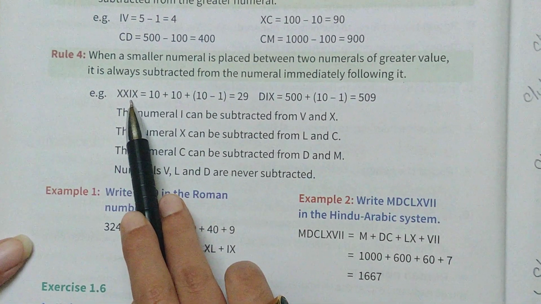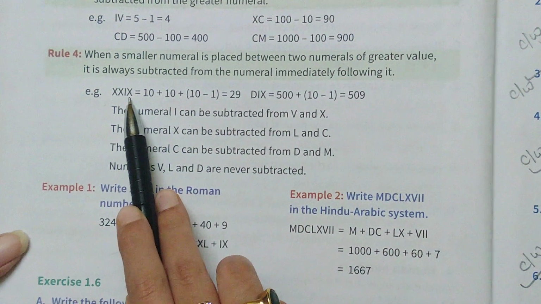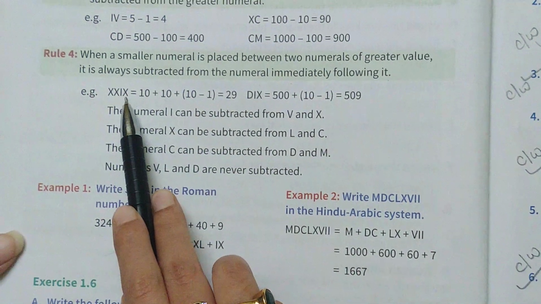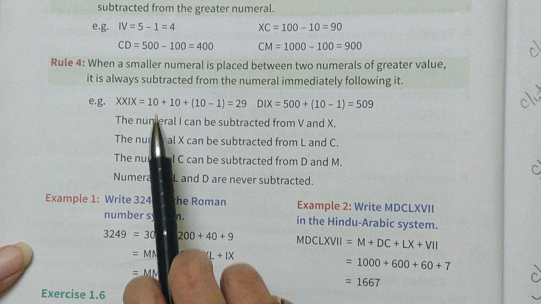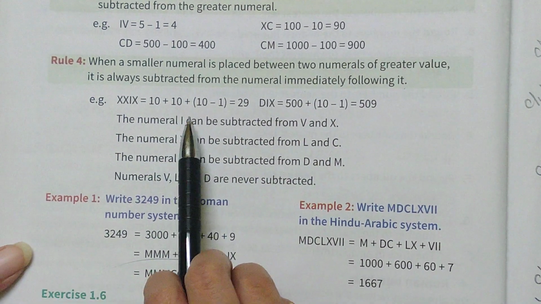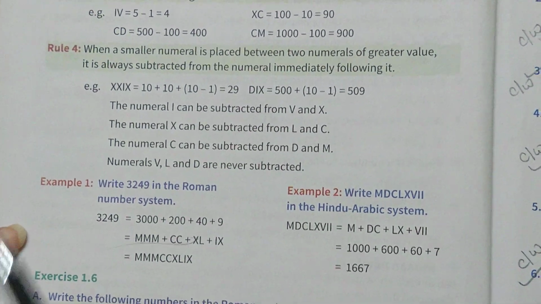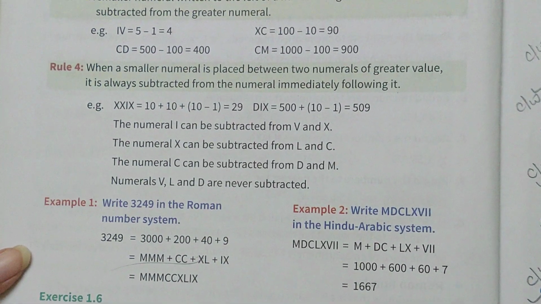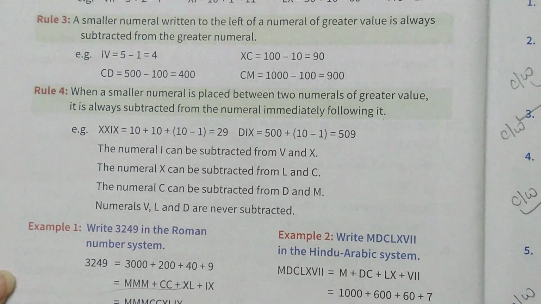So it will be subtracted from the numeral immediately following it. That means 10 minus 1. So 10 plus 10, 20, and 10 minus 1, that is 9, that is 29. So these are the 4 rules of Roman numerals. Now let's start with the exercise.